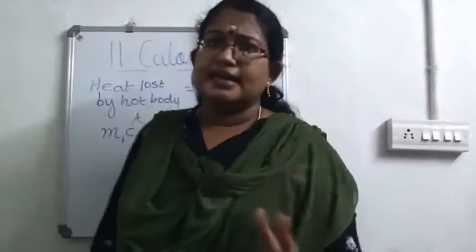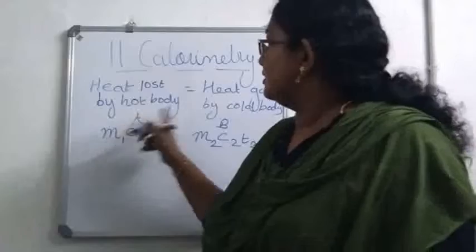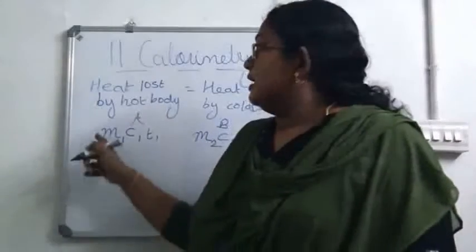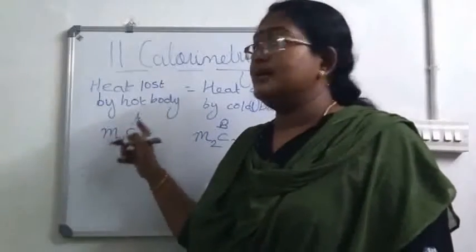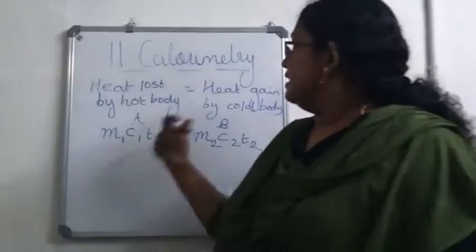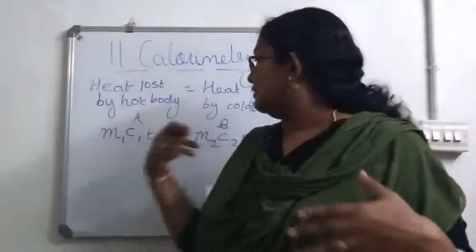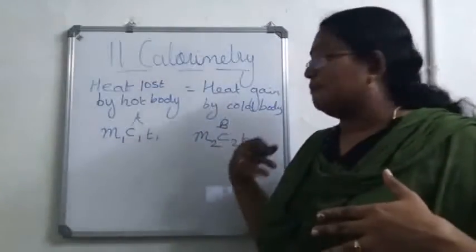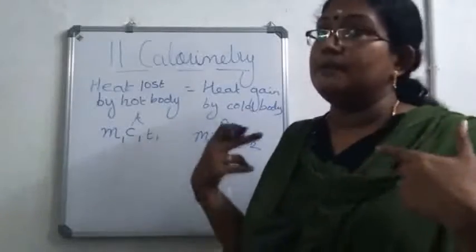Okay, so we are considering two different bodies, which are they? A and B. Then mass of A is M1, specific heat capacity is C1, temperature is T1. M2, C2 and T2 are the mass, specific heat capacity and temperature of the body B.